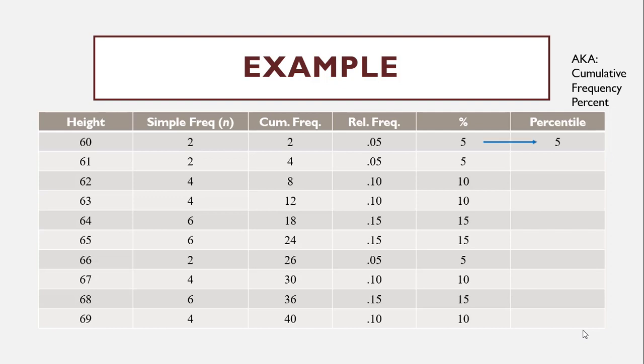For the next step though, we're going to do what we did before, where we take the individuals below that, at this point 5, we add the next group or the next score to it, or the percent of individuals in that next group, and we see that 5 plus 5 equals 10. And then for the next one, 10 plus 10 equals 20, 20 plus 10 equals 30, 30 plus 15 from 64 inches is 45, 45 plus 15 from 65 inches is 60.